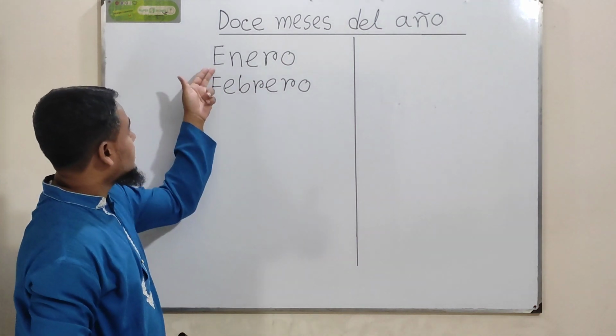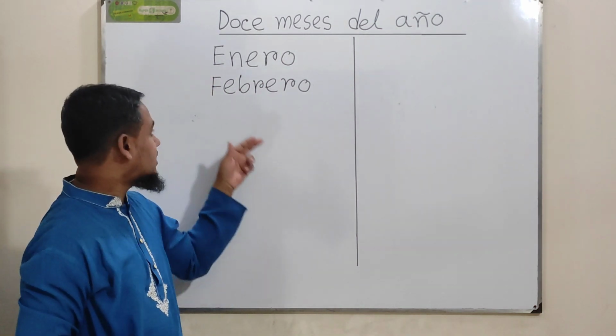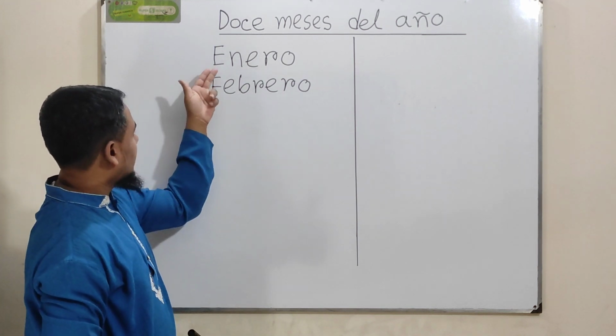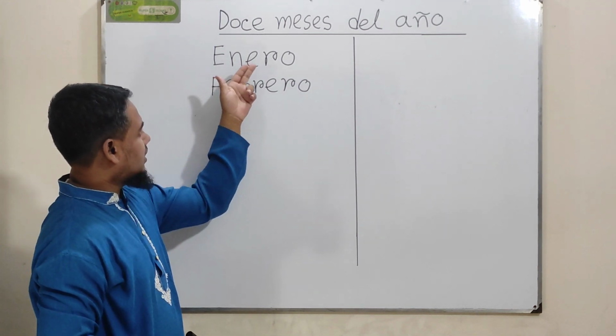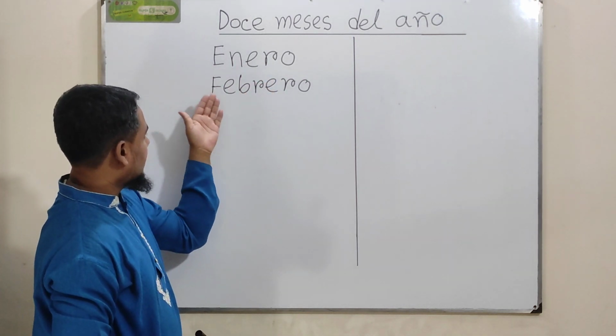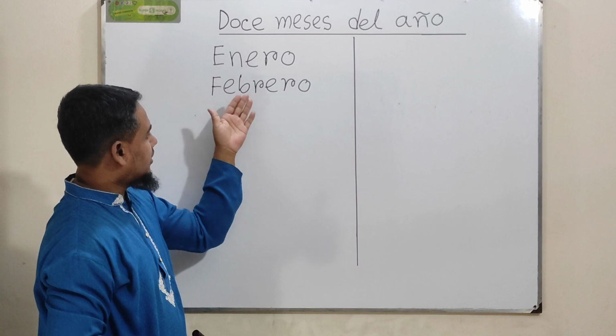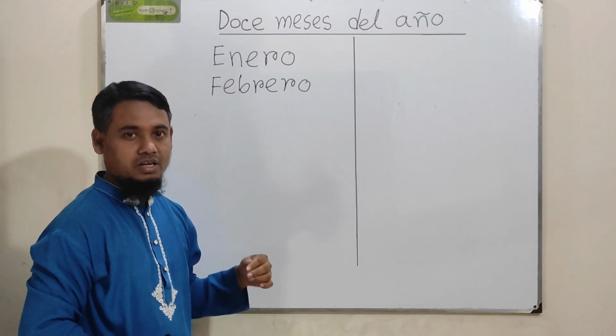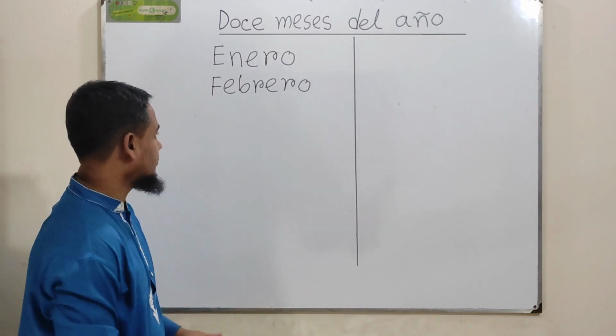Enero. This is A in Spanish language. In English it is E, but in Spanish it is A. So E-N-E-R-O. Enero. F-E-B-R-E-R-O. Febrero. Febrero means February.